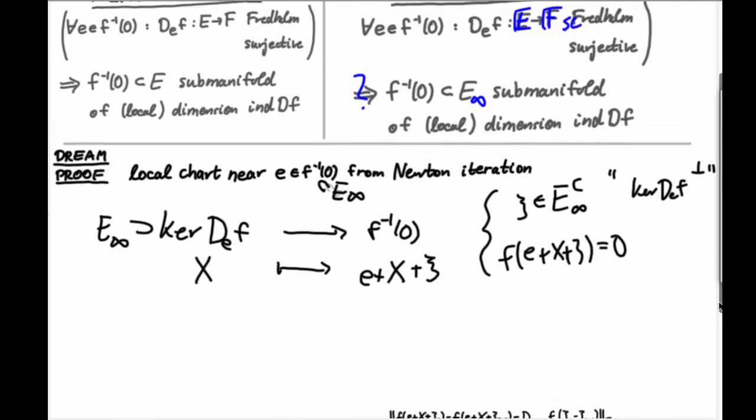So the setup of the Newton iteration is, let's see. I start with xi equal to 0, and then the next xi I get by adding, or subtracting, oops, the right inverse applied to the value at the previous one.